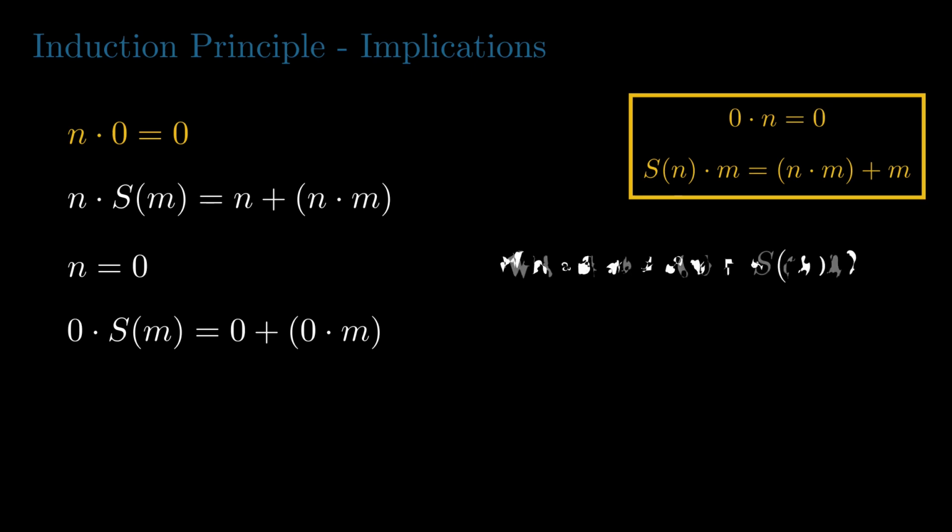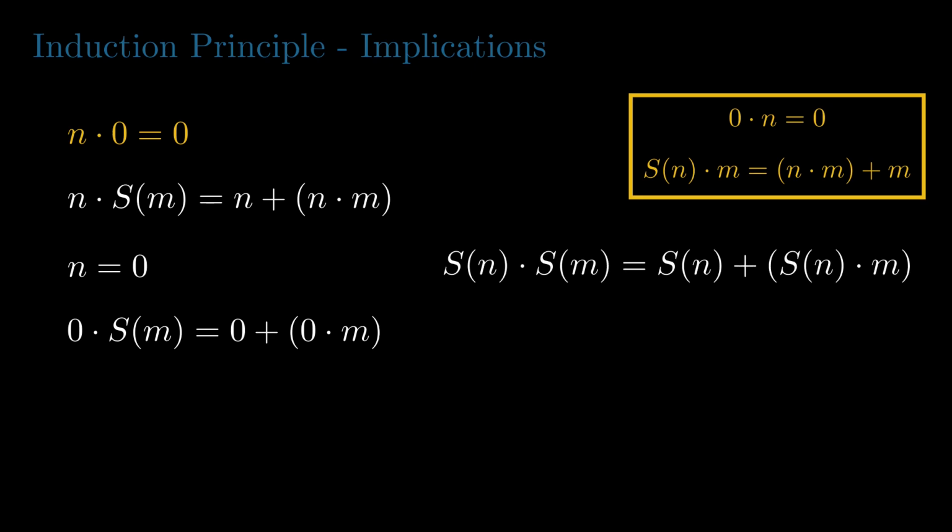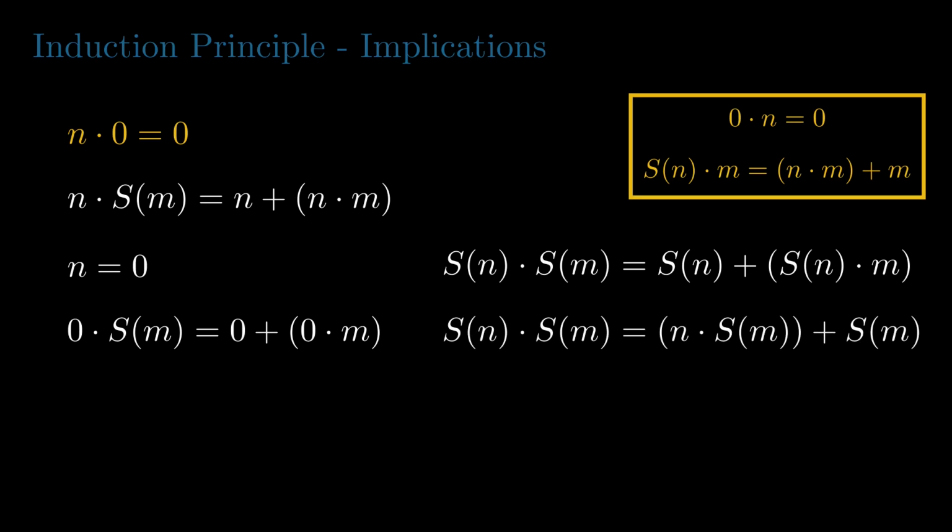The formula becomes s of n times s of m equals s of n plus s of n times m. First of all, we can work on the left-hand side. By the second basic property of multiplication, we get n times s of m plus s of m. Now we can use the starting relation, remember we are assuming it true in this case, getting n plus n times m plus s of m.